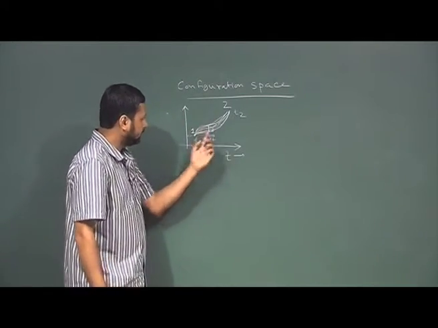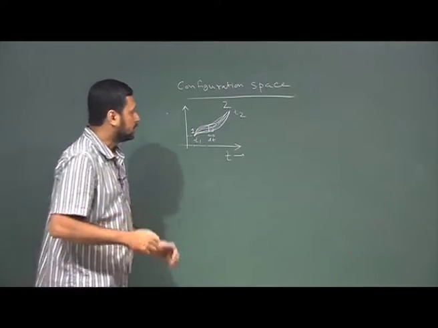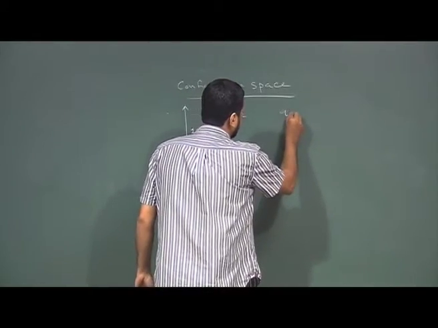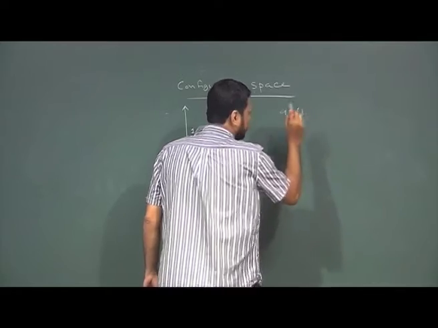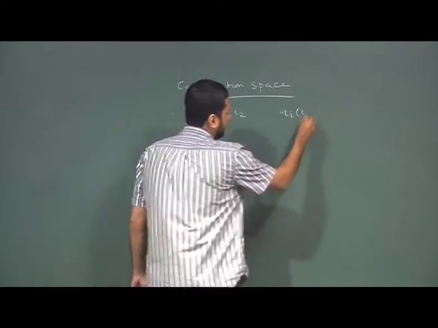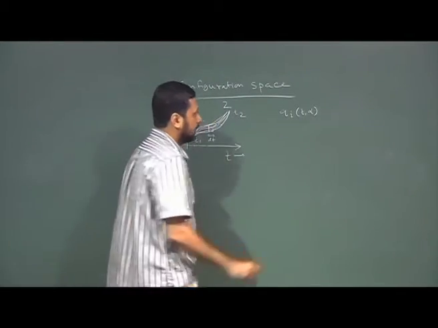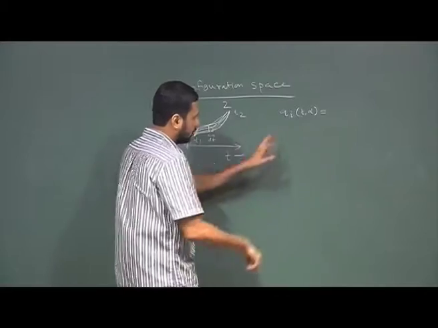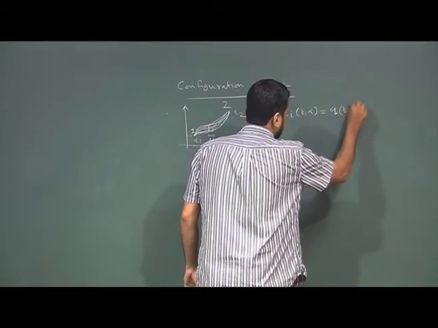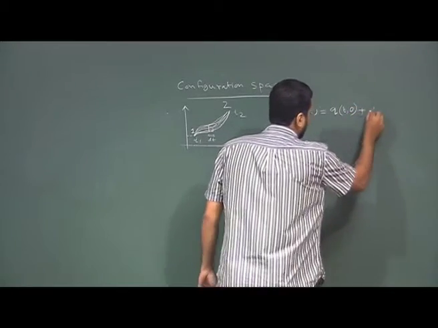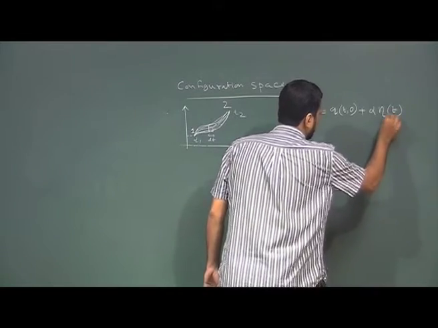Each of these paths is slightly different from the others, and the coordinates will also be slightly different. So we can write any coordinate q_i, a function of t, and we introduce a new parameter alpha, which is also infinitesimally small, and write the coordinate as q_i(t, 0) plus alpha eta_i(t).